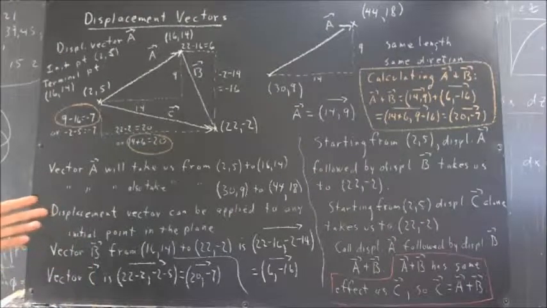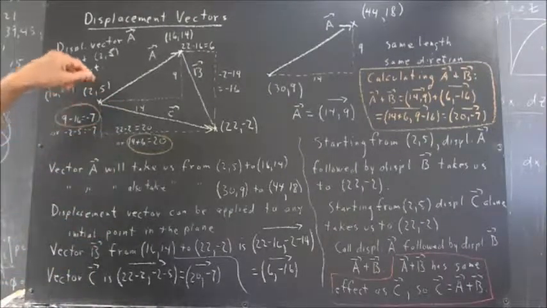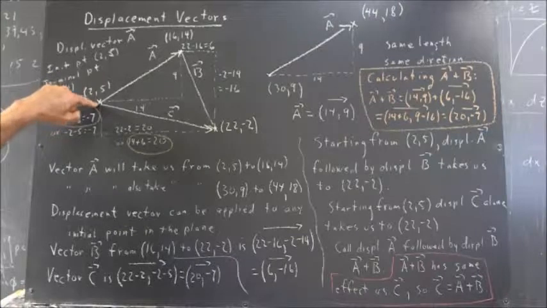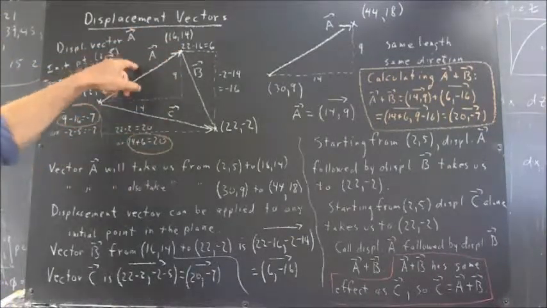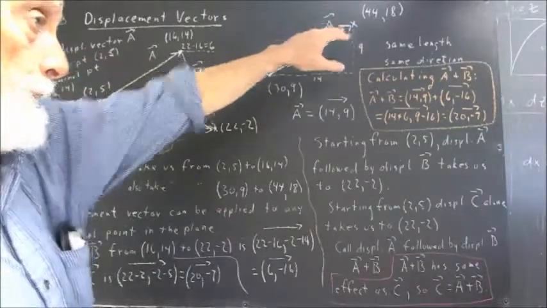So to summarize, when we apply a displacement vector starting at some initial point to go to a terminal point, we can apply that same vector to any other initial point.